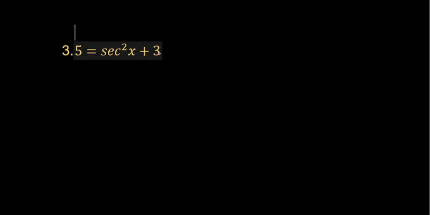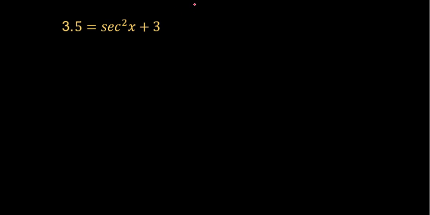So example 3, we have 5 equals secant squared x plus 3. This time, to get the secant squared by itself, I'm going to subtract 3 from both sides. So 5 minus 3 is 2. I get 2 equal to secant squared x. Again, it is squared, so I'm going to have to square root.